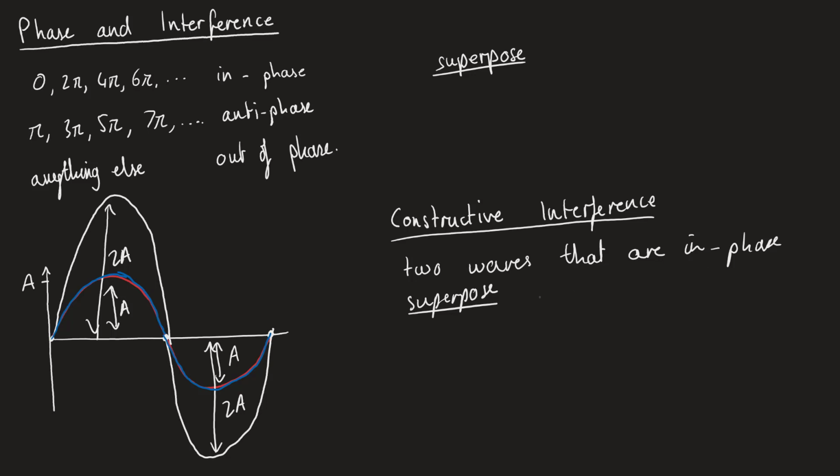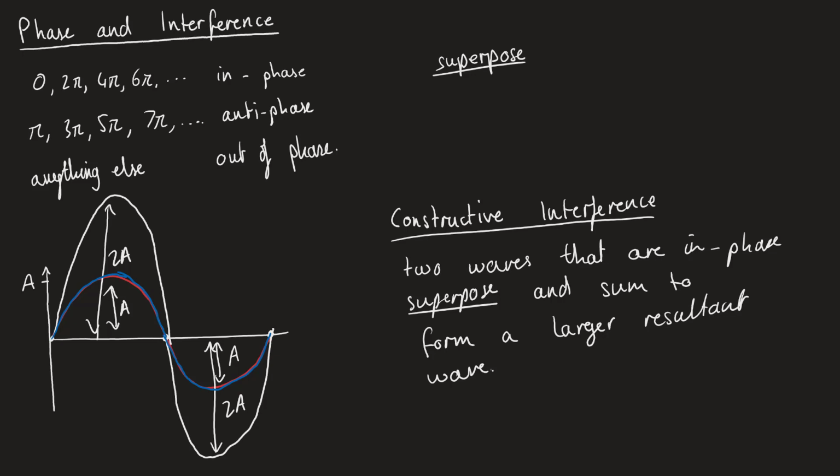So the two waves that are in phase superpose and sum to form a larger resultant wave. This is the idea of constructive interference: we can have two waves that are in phase with each other and they will add together to make a much bigger wave.